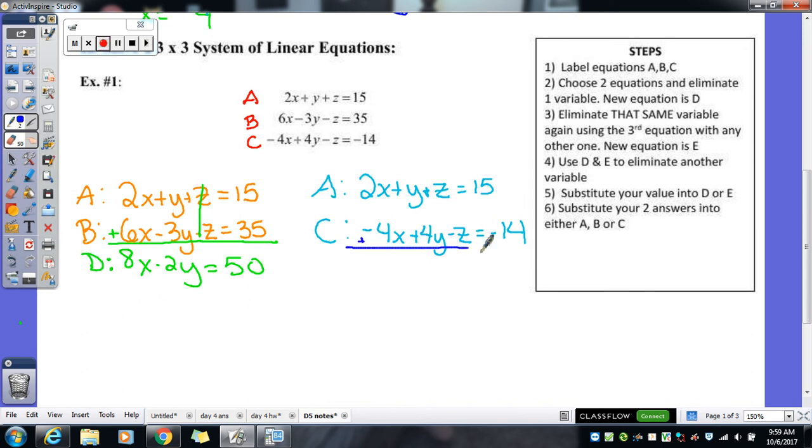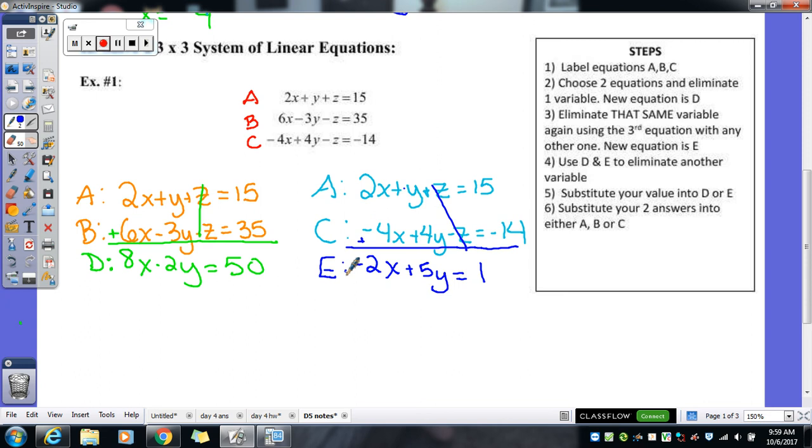So now when I add those two together, 2 plus negative 4 is negative 2x. 1y plus 4y is 5y. Our z's cancel, and then 15 plus a negative 14 gives me a 1. And then I'm going to call that equation E.